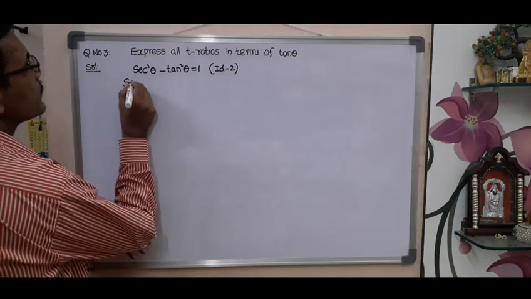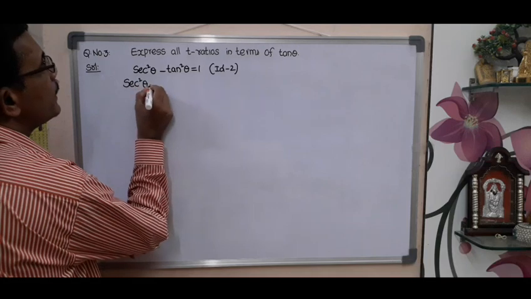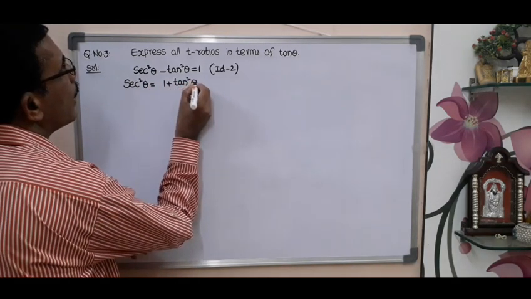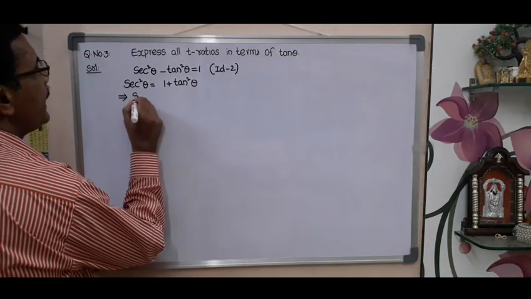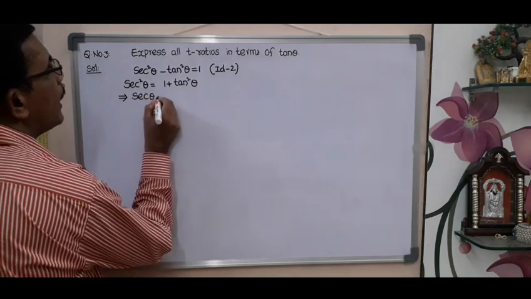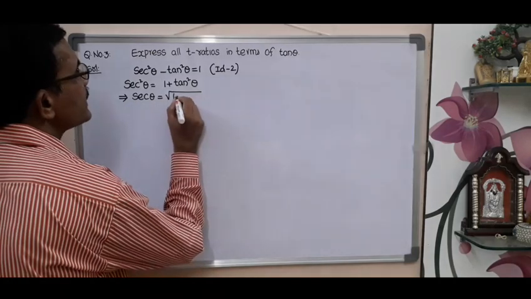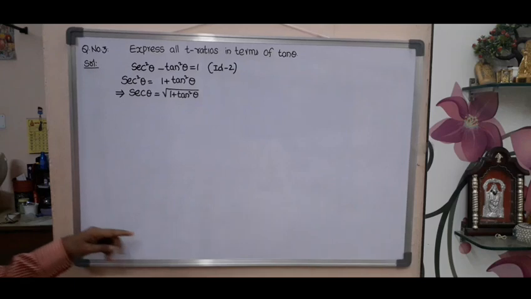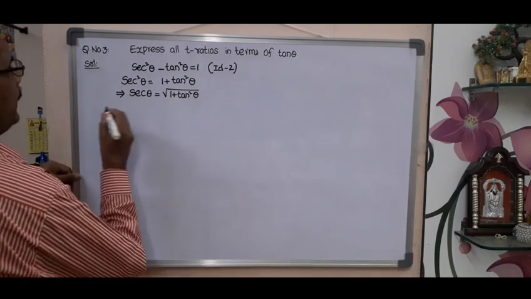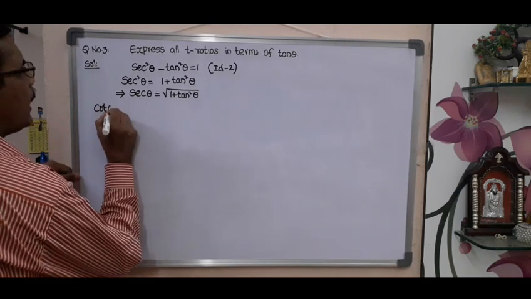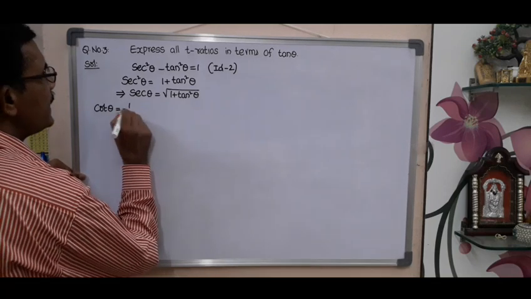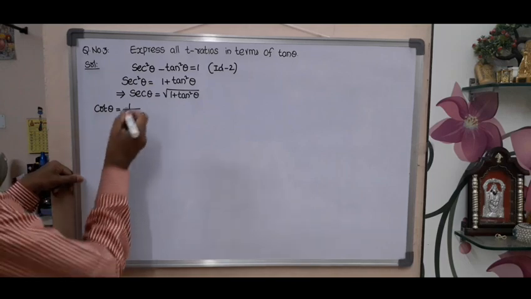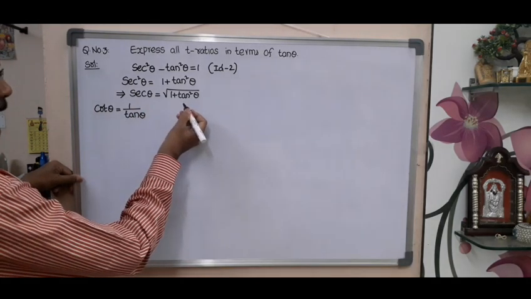From this, secant square theta can be written as 1 plus tan square theta, implies secant theta is equal to under root 1 plus tan square theta. Now tan reciprocal is cot. Similarly, cot reciprocal is tan. So cot theta can be written as 1 by tan theta.